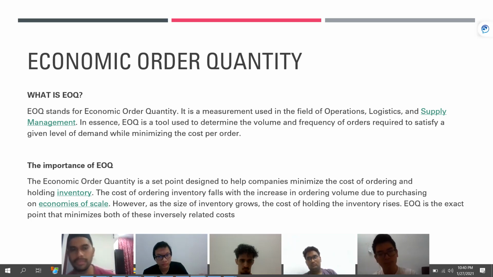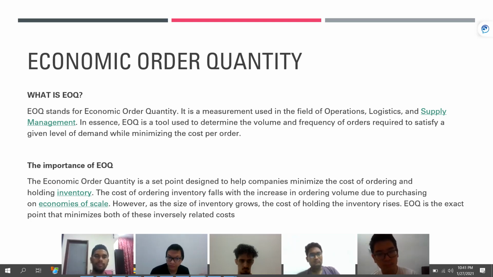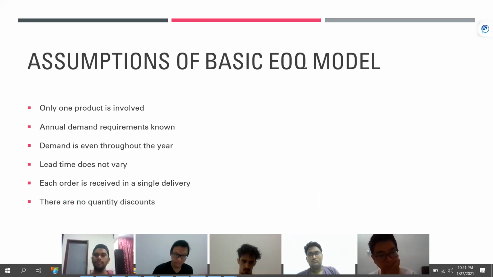Later in the example, we will discuss more on how to minimize the cost per order. So why is it so important? Because it is designed to help companies minimize the cost, and the second thing is holding inventory.